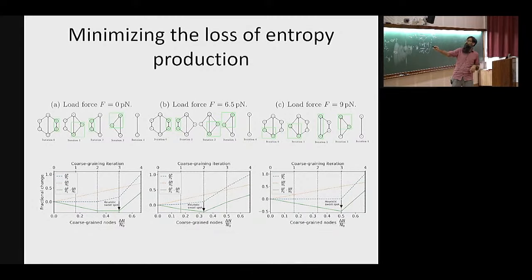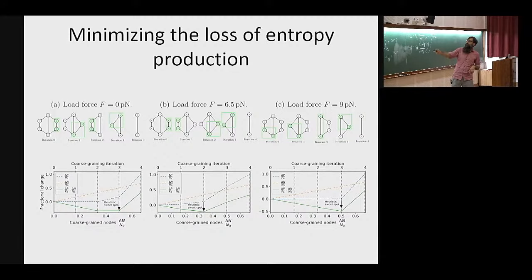But if we do the same thing at large force, let's take the very large force first, then you see that we first lose the forward cycle and keep the backward cycle, and then we merge things in the backward cycle, and well, at the end we go to equilibrium. And at the intermediate force, which is close to the stall force, there, well, things happen in both cycles, and basically we keep both cycles relatively long.